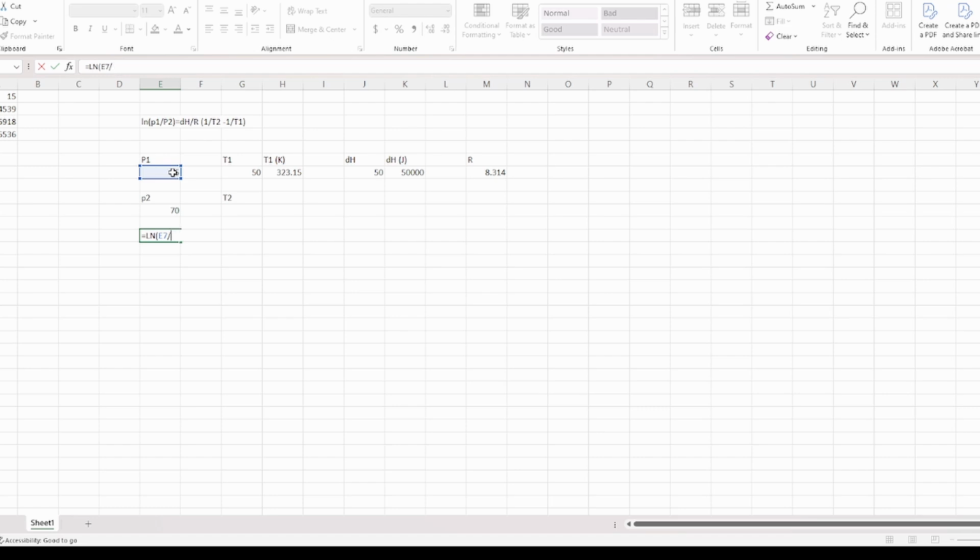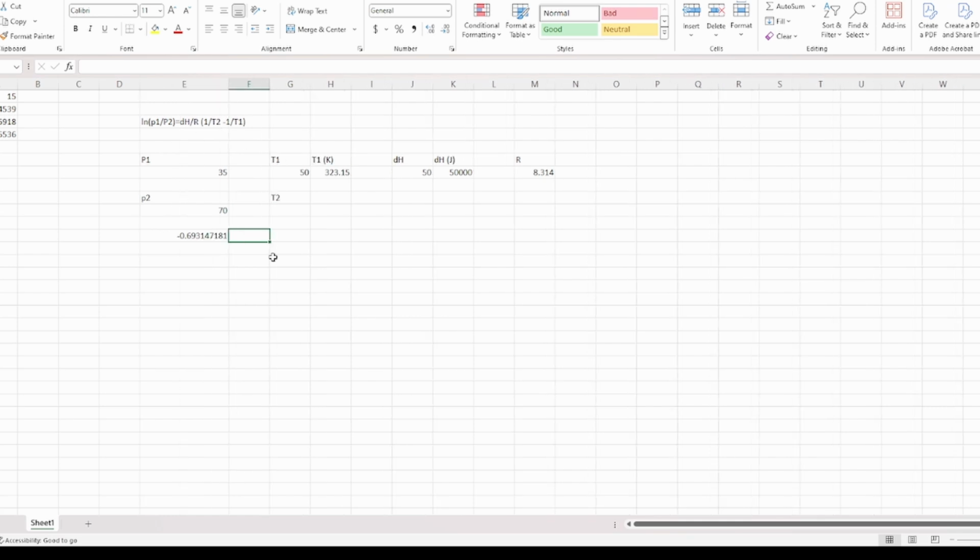I can either use the box or the number itself. P1 over P2 gives me this number, the full number. If I want more decimal places, I can zoom out and figure it all out.